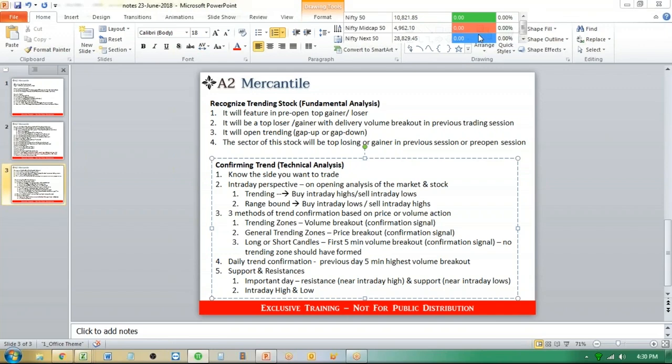And in the general trending zone, price breakout means the price has to leave the box. Say you want to buy, and the general trend has a box.